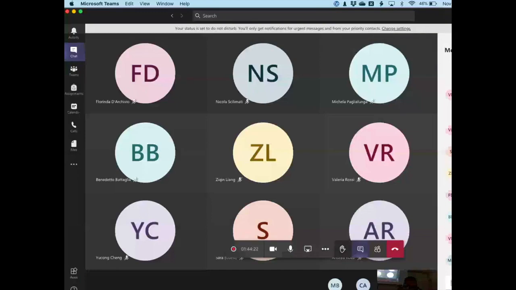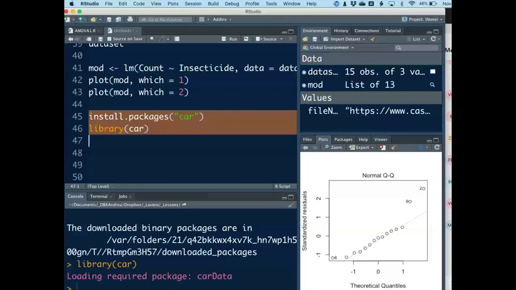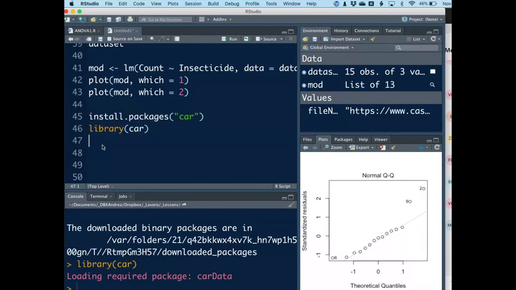Please confirm that you managed to install the package and to load it. Was it okay?